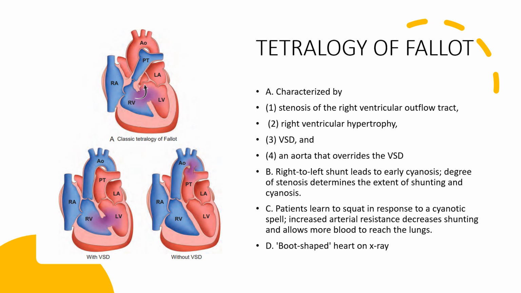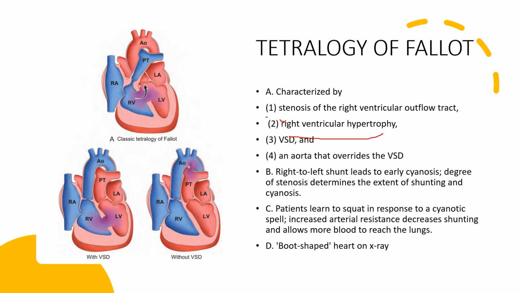Now tetralogy of Fallot. As you can guess by the name, it has four pathologies. Tetralogy means four. First, there is a stenosis of the right ventricular outflow tract, so there is narrowing of the right ventricular tract, and eventually it will cause right ventricular hypertrophy.